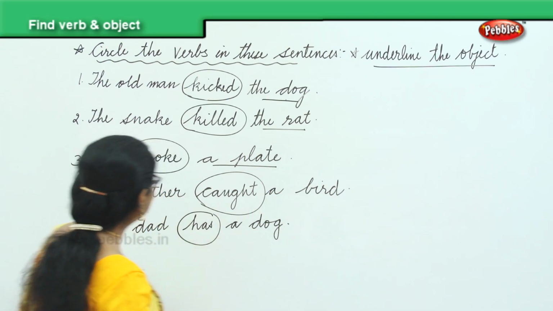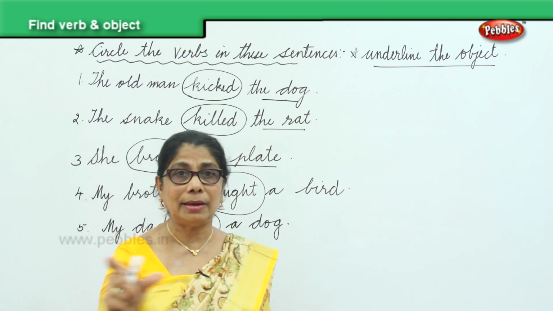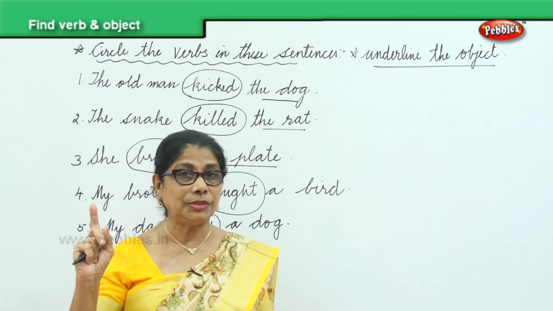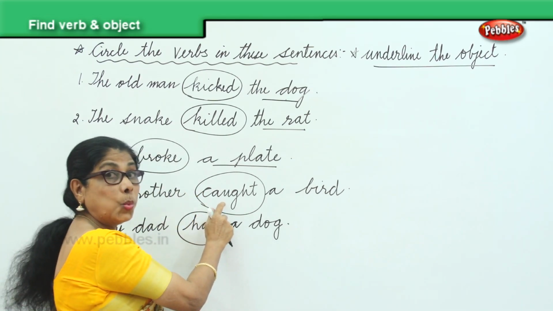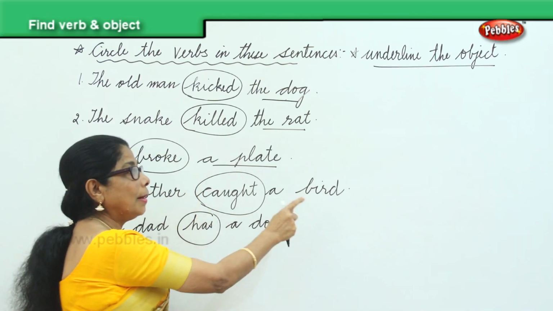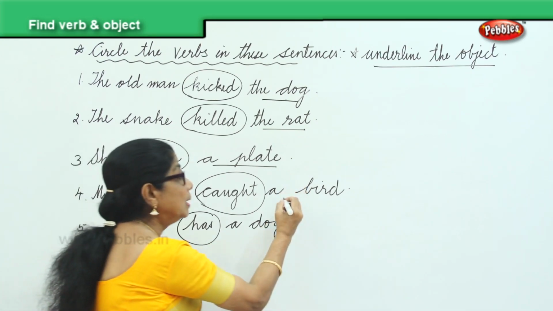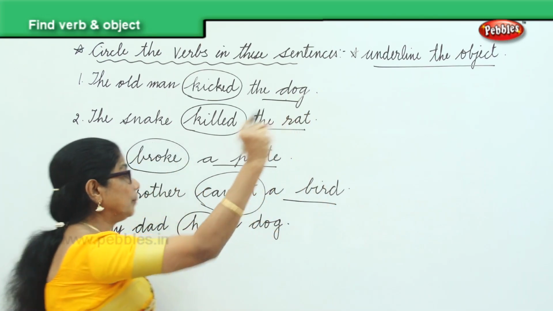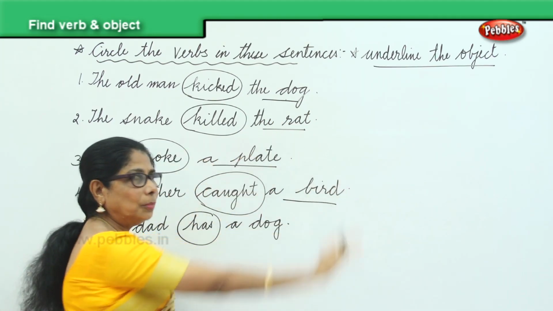All right? And the next sentence you have, my brother caught a bird. My brother is the subject. What did he catch? He caught. That is the verb. What did he catch? He caught a bird. A bird, this is the object that he caught. Subject, action, object.